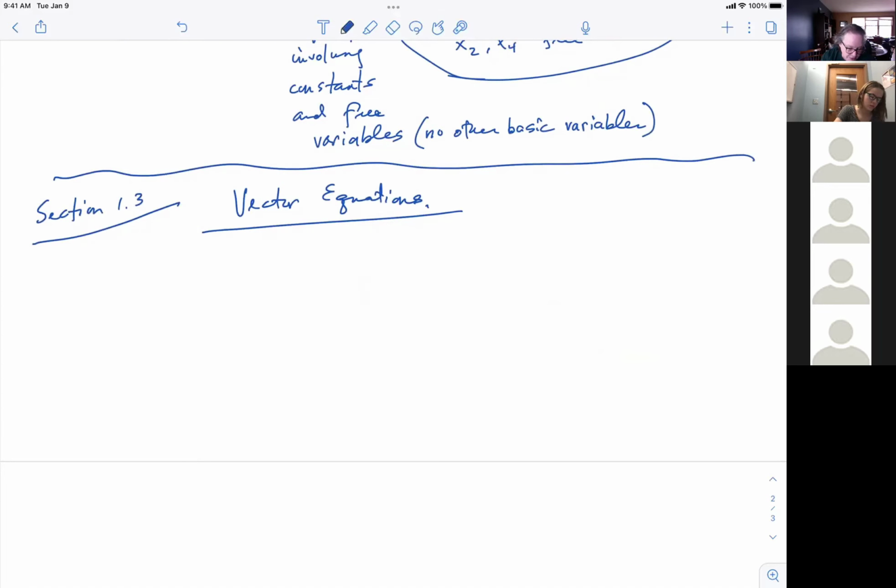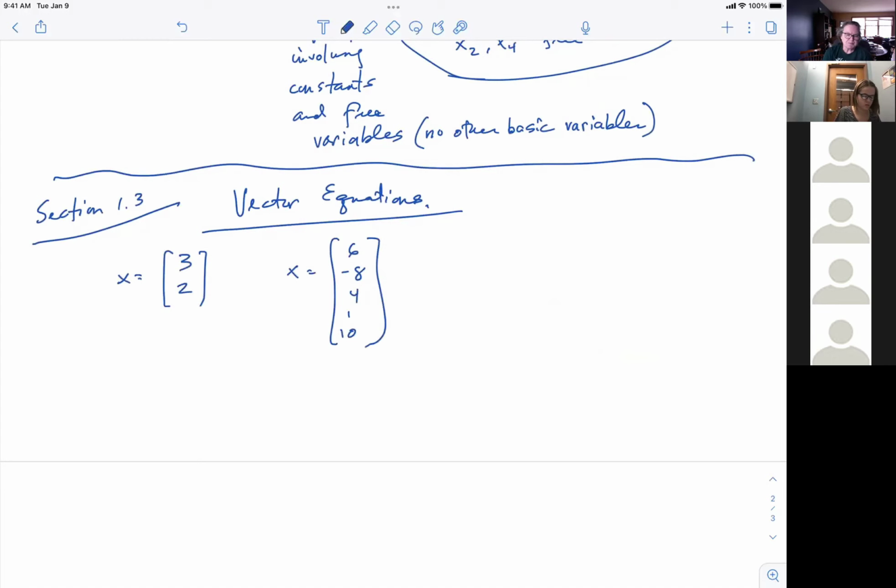So a vector, for example, x equals 3, 2, that's a vector. Or x equals 6, -8, 4, 1, 10, that's a vector. So vectors can have different sizes.